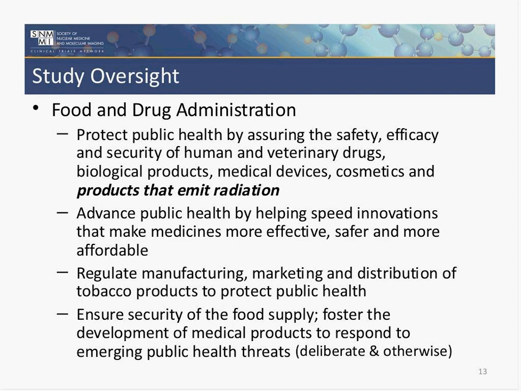So the FDA says that they must protect public health by the safety, efficacy, and security of human and veterinary drugs, biological products, medical devices, cosmetics, and products that emit radiation. Products that emit radiation may or may not be medical devices.